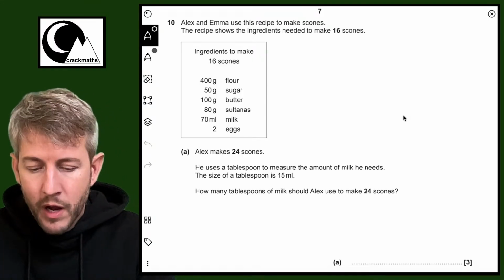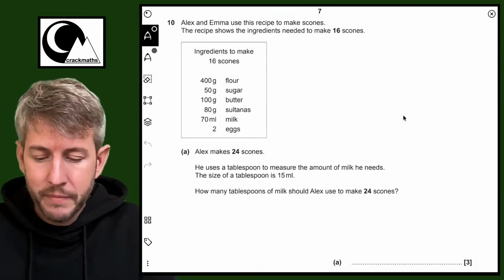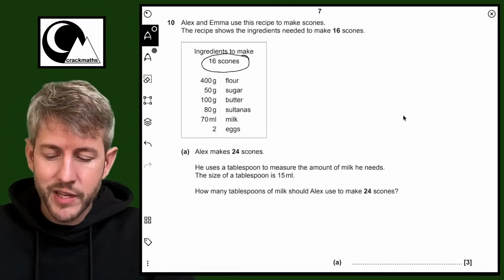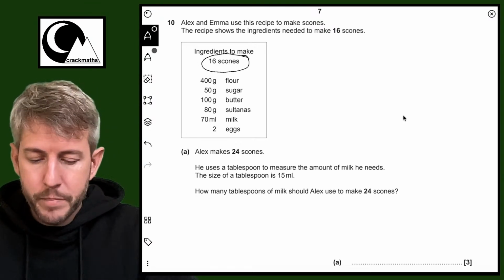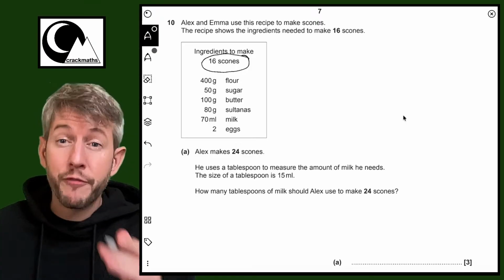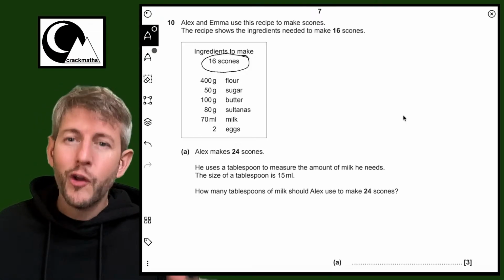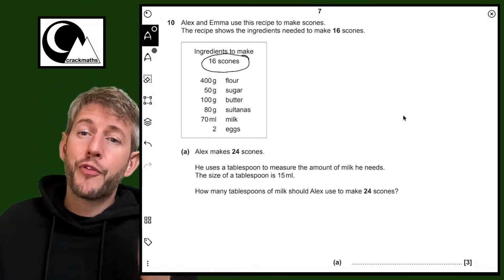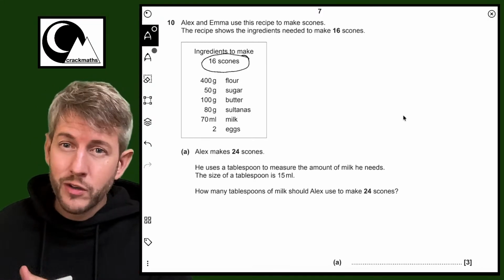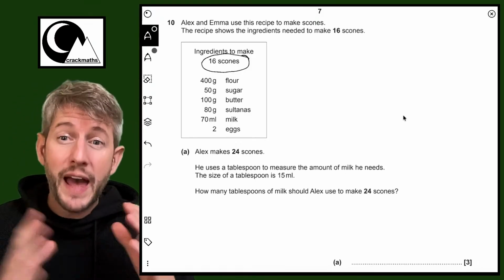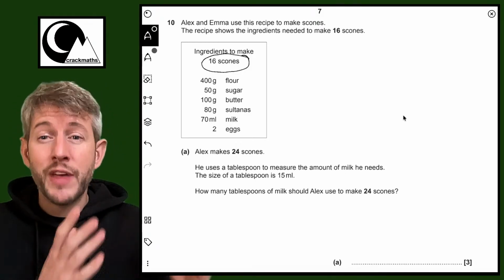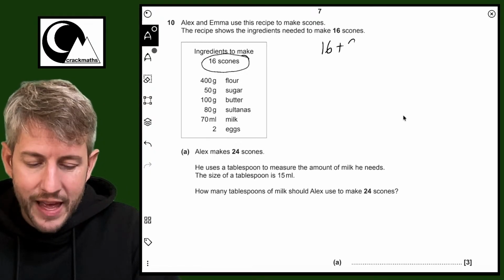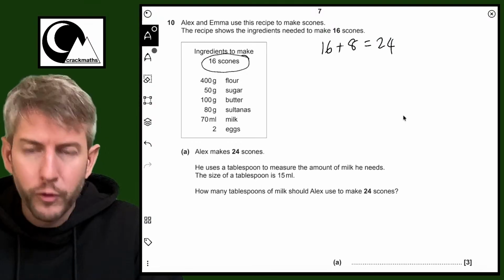Okay, right, so the trick here with this question is to see that this is 16 scones. Well, half of 16 is 8, okay? So we can easily get the recipe for 8 scones. And then, once we have the recipe for 8 scones, we can add the ingredients required for 16 scones to the ingredients required for 8 scones, and that will give us the ingredients required for 24, because 16 add 8 equals 24.